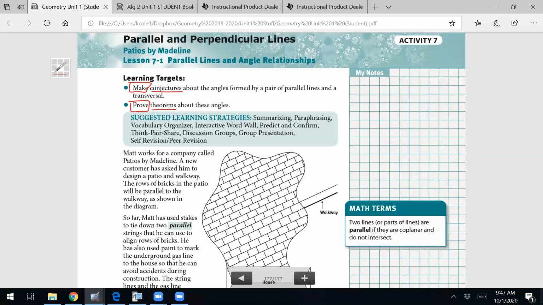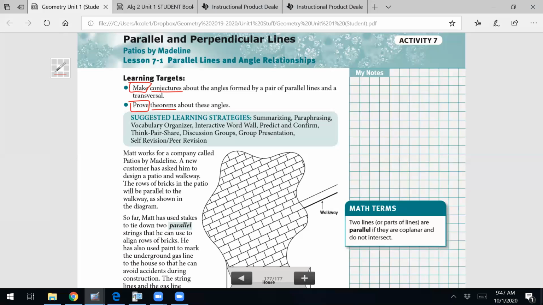So far, Matt has used stakes to tie down two parallel strings that he can use to align rows of bricks. He has also used paint to mark the underground gas line to the house so that he can avoid accidents during construction. The string lines and the gas lines intersect to form 8 angles. All right.